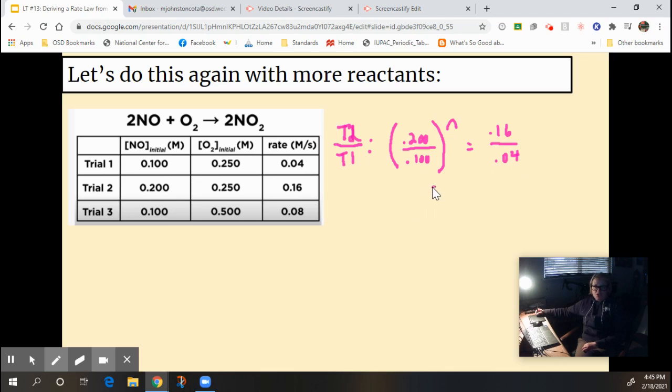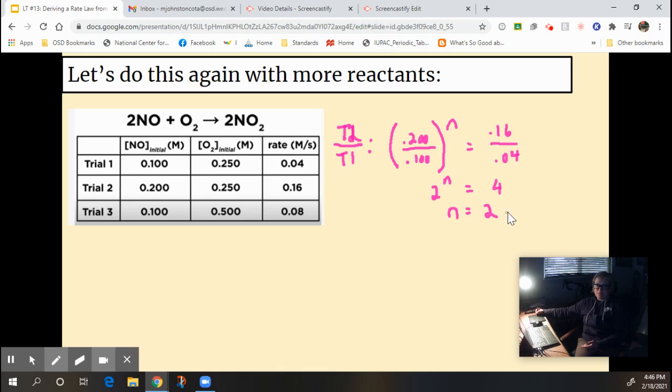So this is going to be 2 to the nth equals 4. So what does my exponent have to be in order for 2 to the nth to be equal to 4? My order of reaction, n, is going to equal 2.